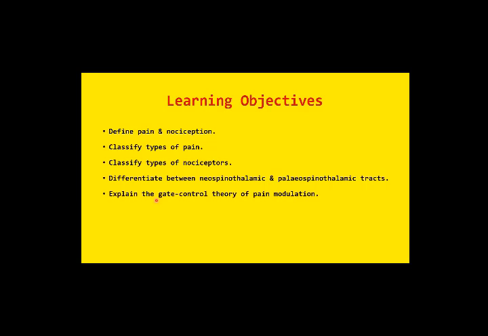Then we will discuss a little bit about pain modulation, and at the end of today's discussion we will discuss the components of the analgesia system in our body. So these are the learning outcomes for today's session. So let's begin.